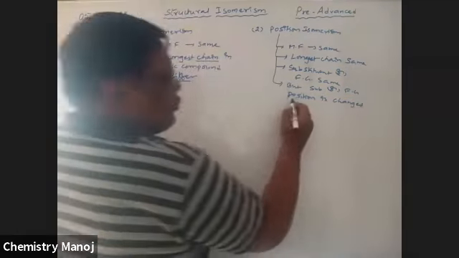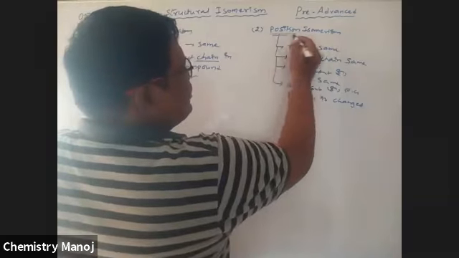So the position of the functional group is changed. That is why it is position isomerism.